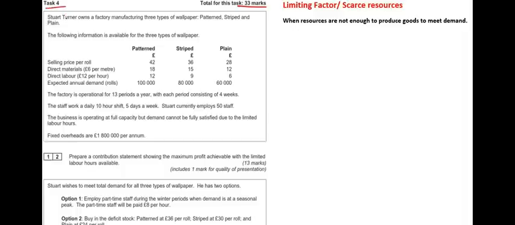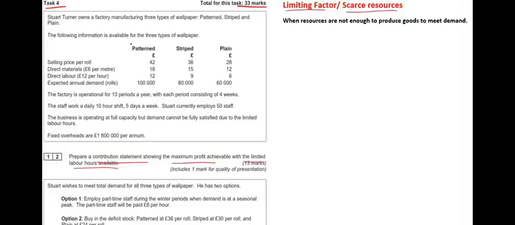Task number 4, it was the last question. They're asking us to prepare the contribution statement showing the maximum profit achievement with the limited labor hours available. This is basically your limiting factor or scarce resources, when your resources are not enough to meet your demand.